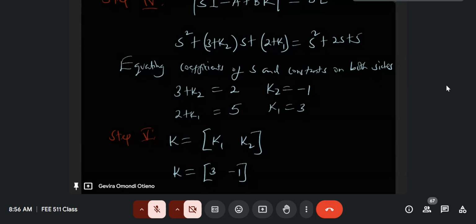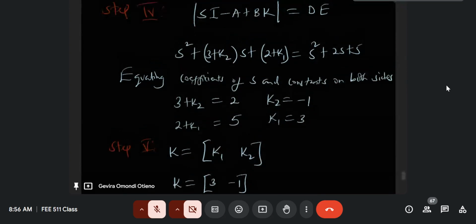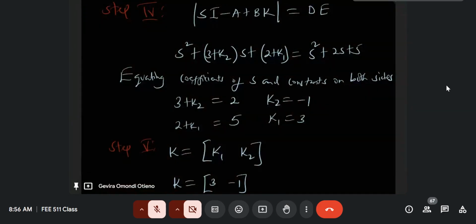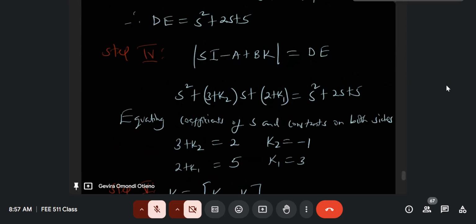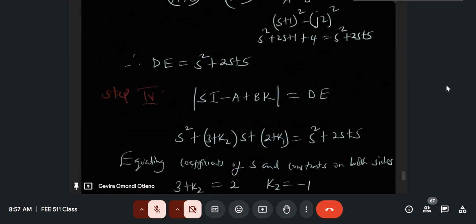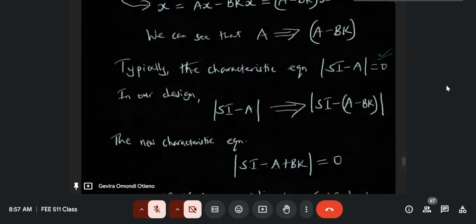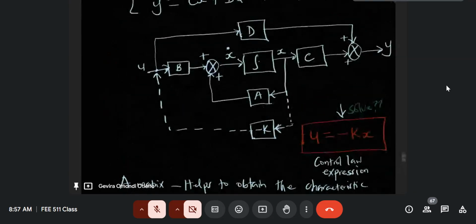It's called matching coefficients because we obtained the characteristic equation on the left-hand side and the desired expression on the right-hand side. Then we equate their coefficients. Now, the characteristic equation, which is on the left side, is obtained from our diagram. You can see our design diagram as indicated. We introduced the concept of the control law expression, minus kx equals u.